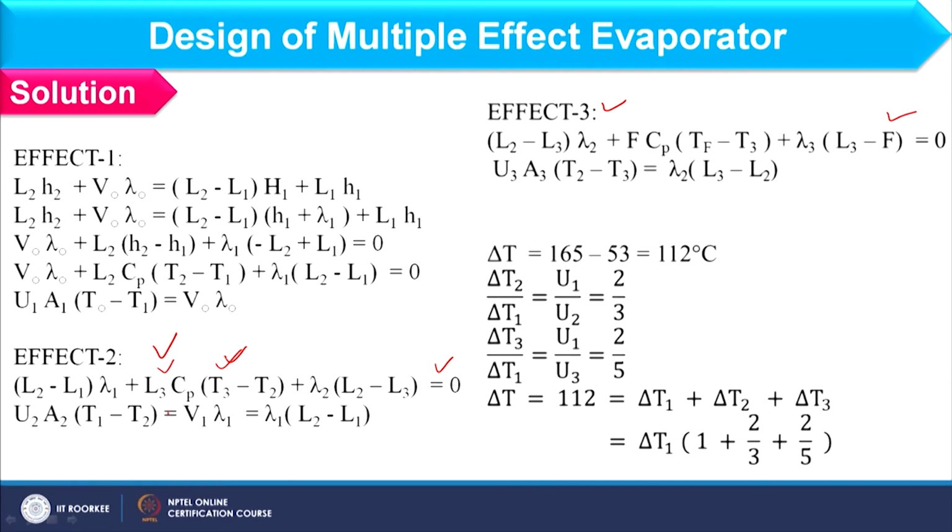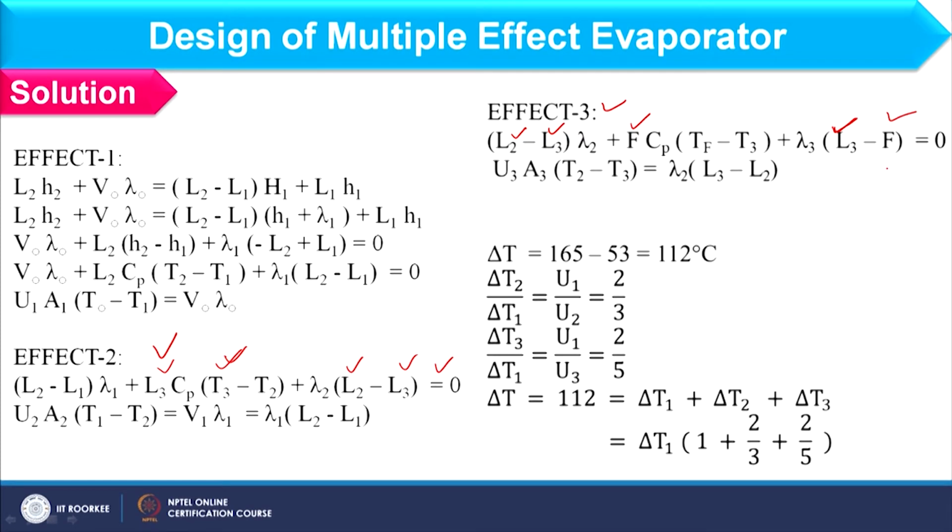Similarly, here I am having L3 which is unknown to me. So, L2 and L3 are unknown to me in this term as well. Okay. And similarly, when I focus on effect number 3, L2 and L3 are unknown to me, feed is known to me, and L3 is unknown to me.